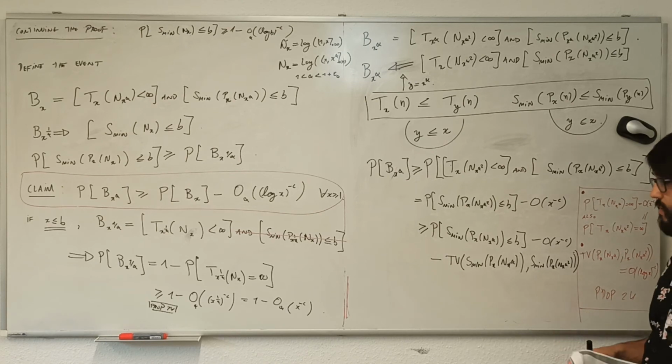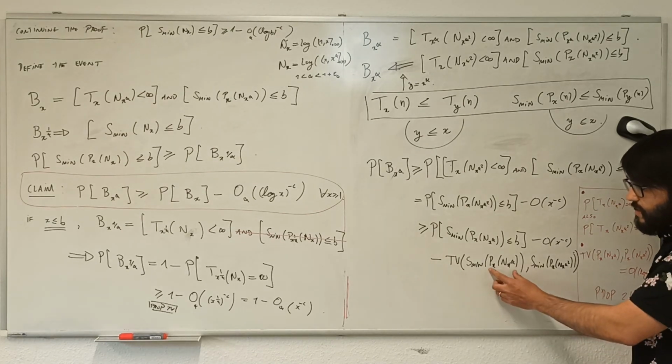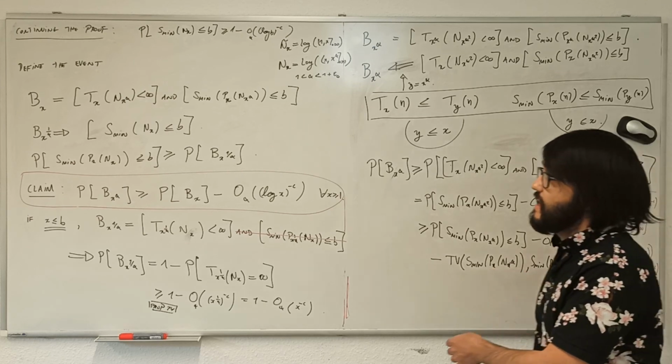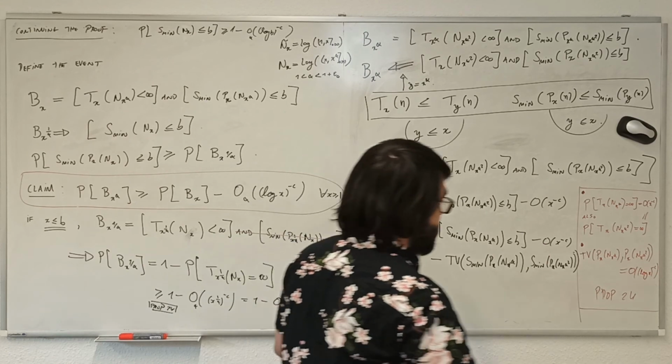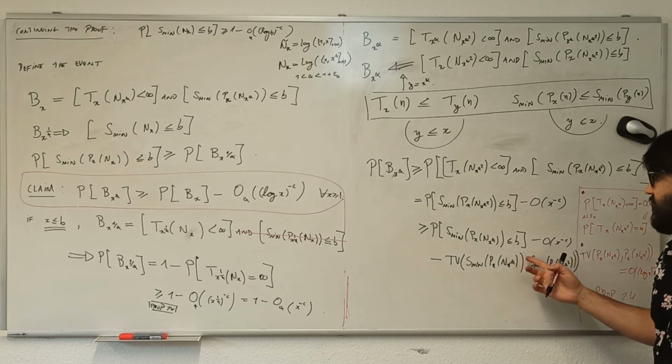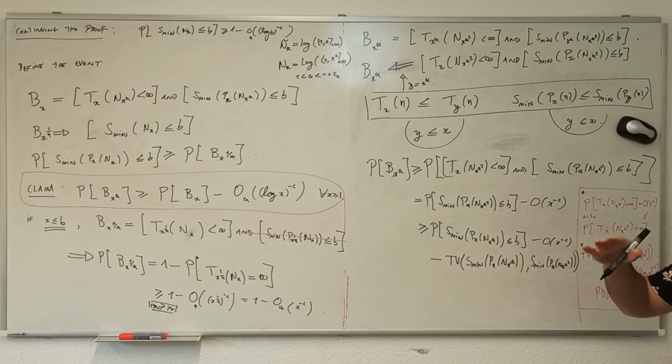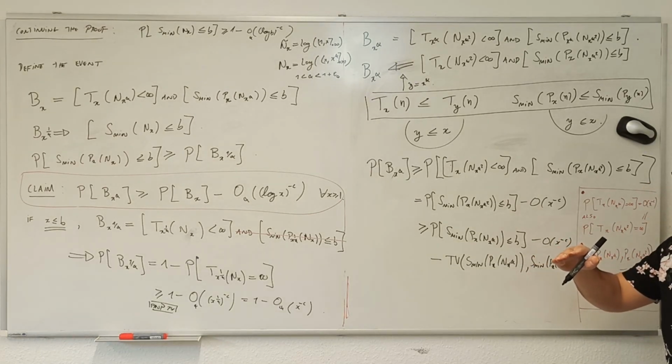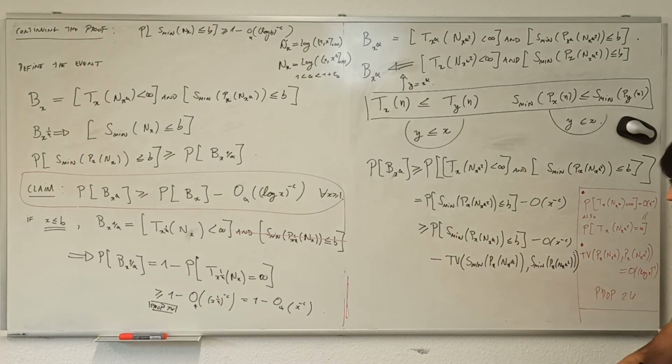Which I can bound from above by the total variation between these two, which by the proposition here is just O of log of x to the minus c. The best way of doing this is bounding using the problem that I stated just before I defined total variation.